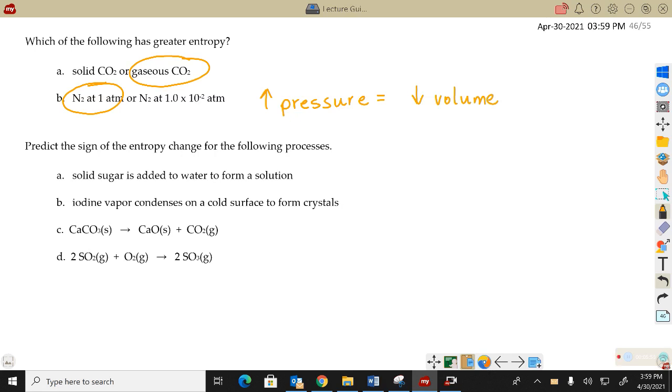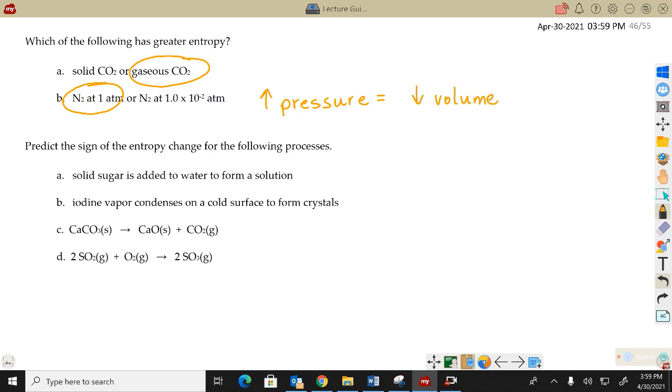Here they're looking again at predicting the sign of the entropy change. Positive delta S means an increase in entropy or an increase in disorder. Negative delta S means that the particles are becoming more orderly, more organized. So what if I have solid sugar and I add it to water to form a solution? In the solid phase, the sugar molecules are all packed real tight together.